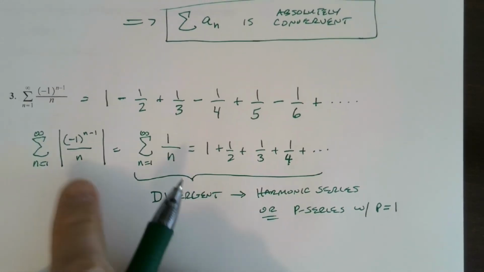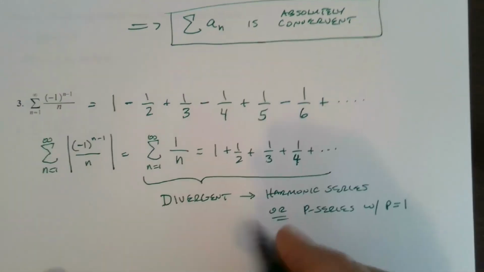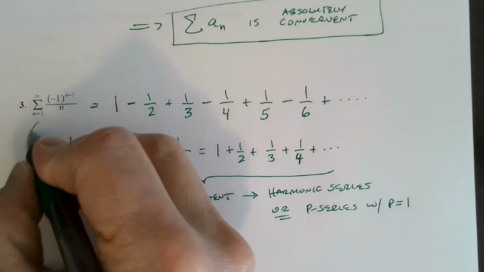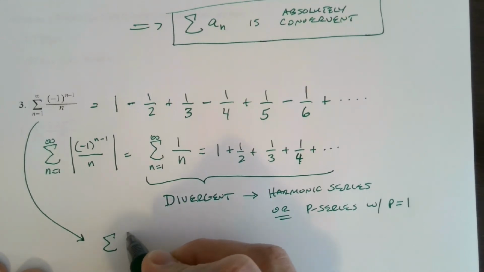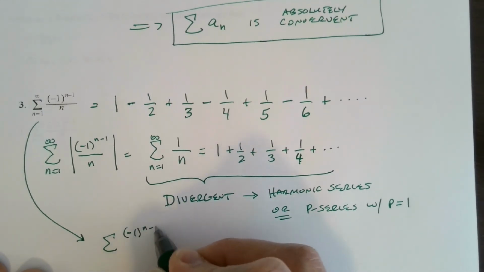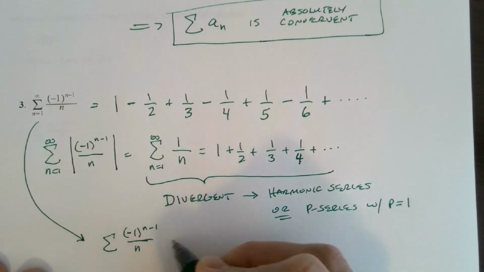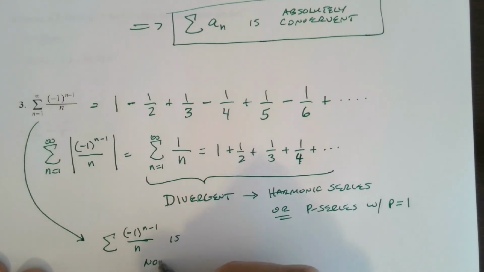Well, this series, the series that we started with here, negative 1 to the n minus 1 over n, is not absolutely convergent.